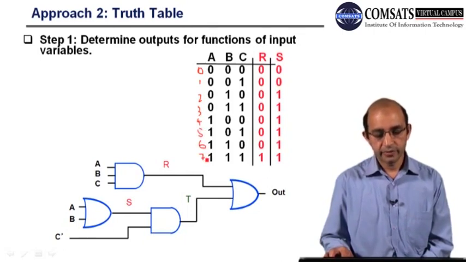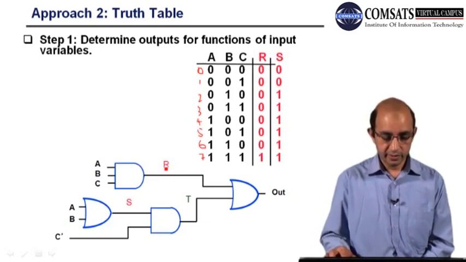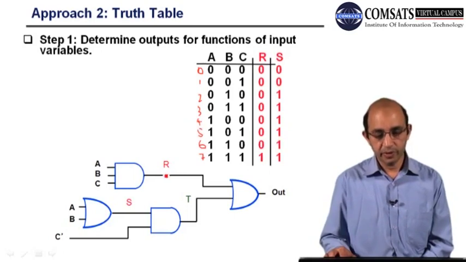So we have all possible combinations of A, B, C, and we have to compute R and S because they are the next variables which we come across.